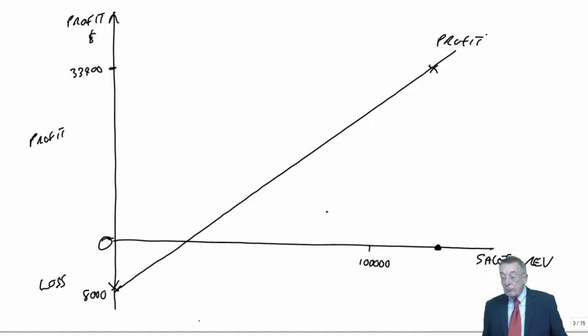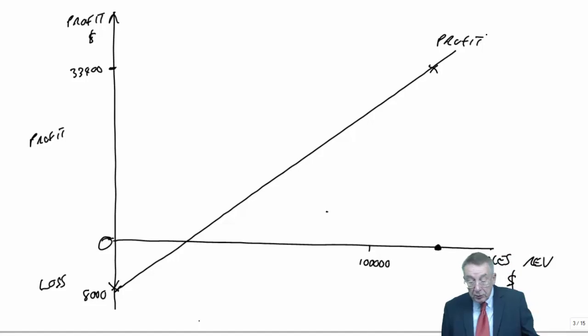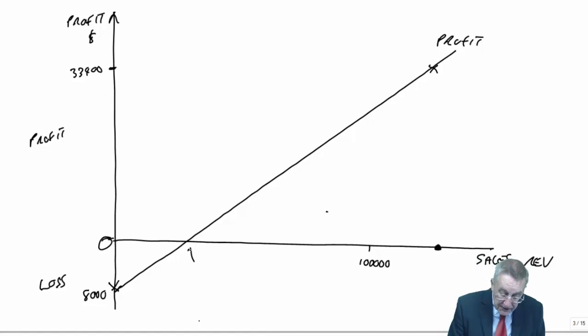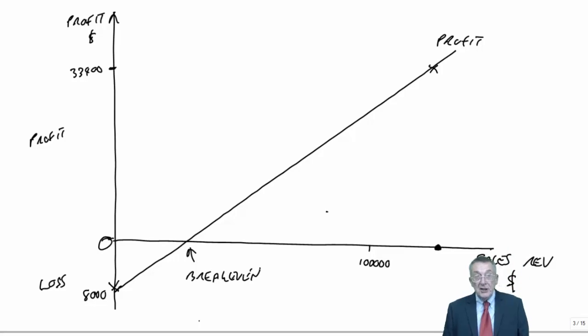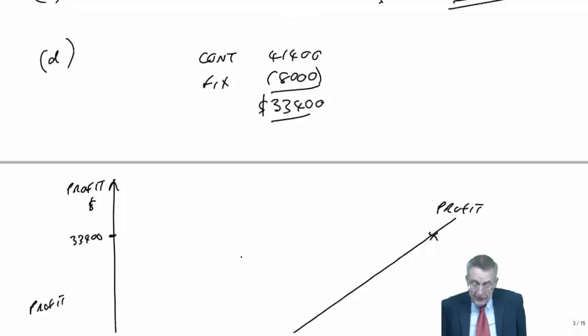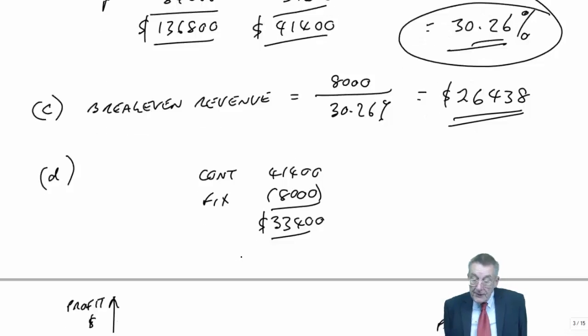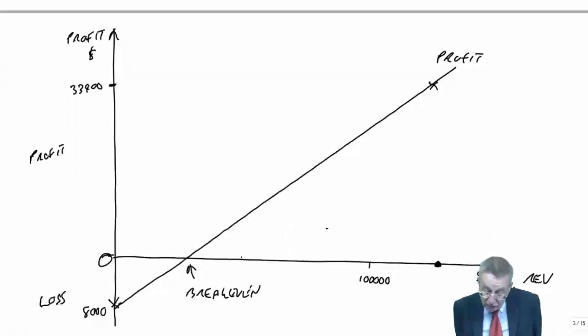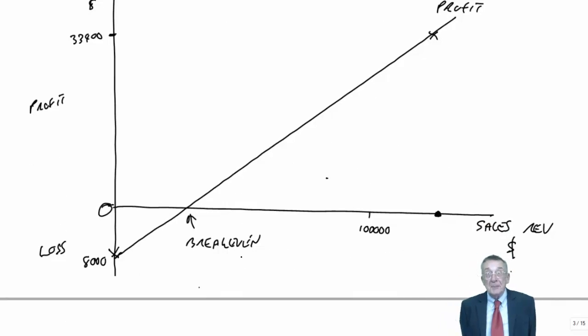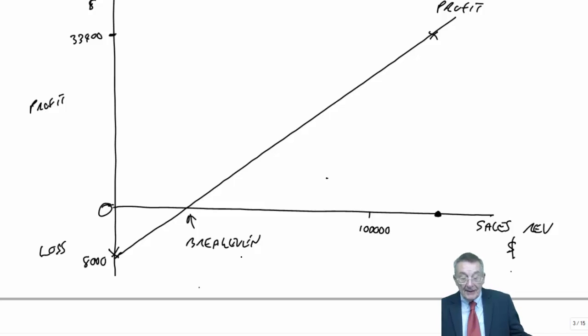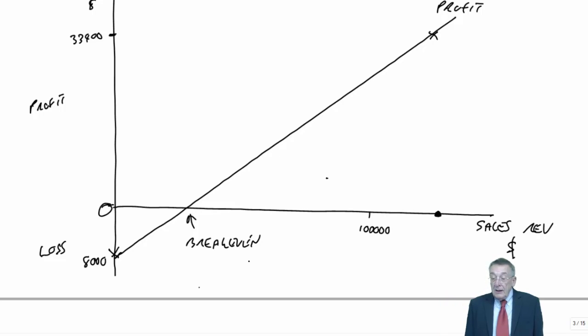As we get more revenue, we get more profit, and of course, there would be break even, this time break even revenue. What was break even revenue out of interest? 26,438? It's reasonable, clearly. As I keep saying, it's not precise. So far, I don't think too bad.